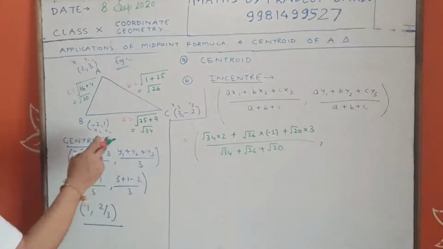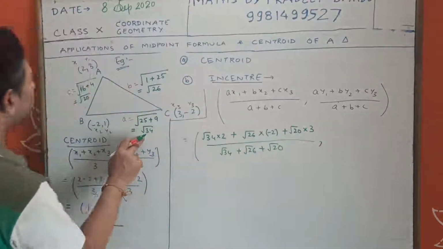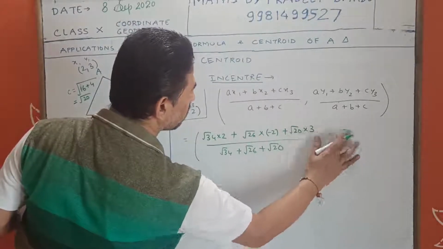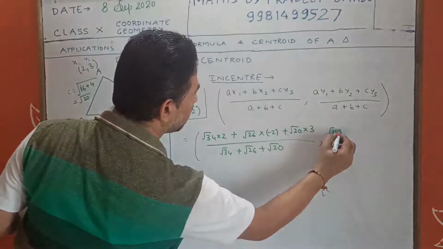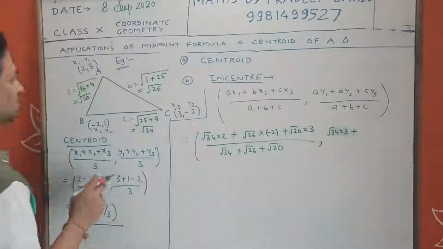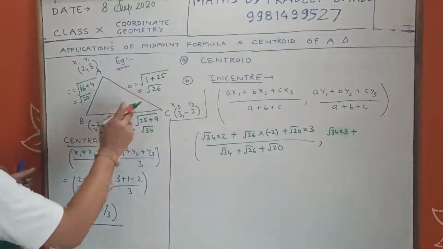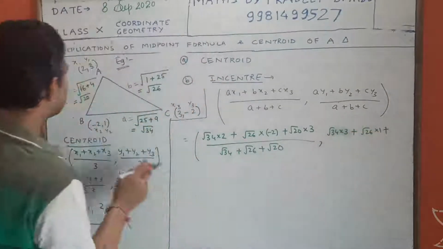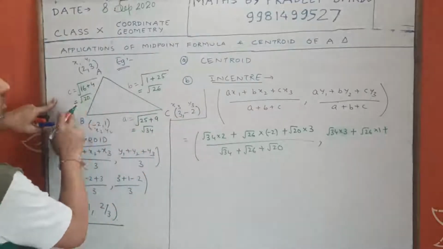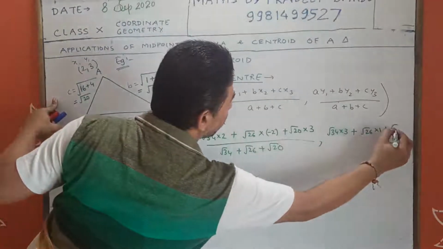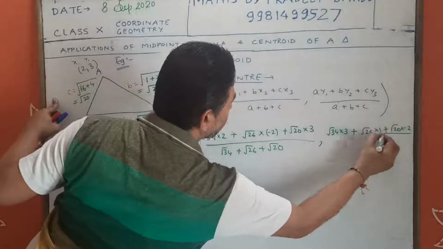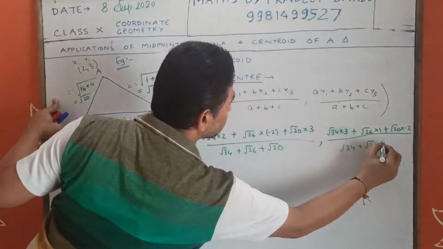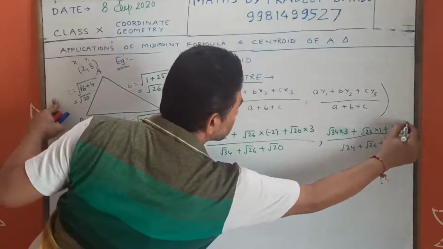Similarly, ay1, so we get root 34 into 3, plus by2, root 26 into 1, plus cy3, root 20 into minus 2, upon root 34 plus root 26 plus root 20.